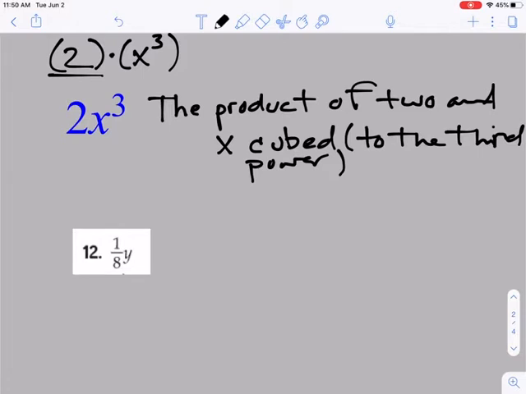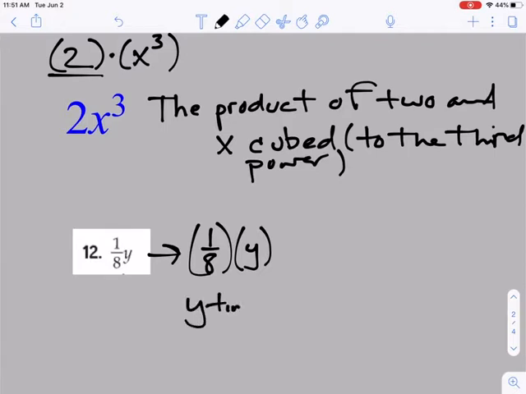All right, let's look at this next one. So we can kind of break this one down into 1/8, right? And then it's multiplied by y, right? So again, you have another product. You could say the product of 1/8 and y, or you could say y times 1/8.